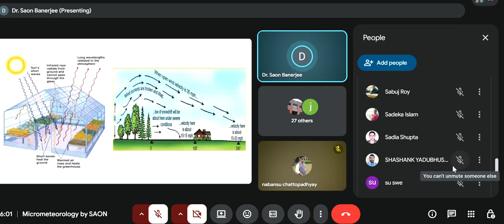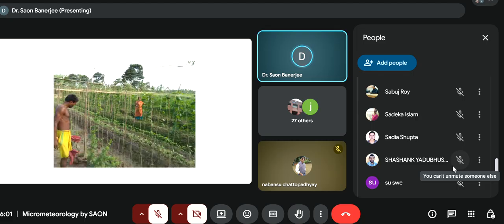So you are well aware of how to trap heat and how a windbreak is used, and I am giving simple micrometeorological modifications in our Nikra village.